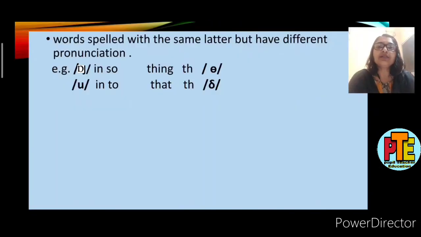There are some letters which are the same in different words but pronounced in different ways. We have seen that O is pronounced as O and also U. Like that, letters TH are pronounced as th in thought and the in that. Same way, letters GH are pronounced as f in laugh and are silent in light.